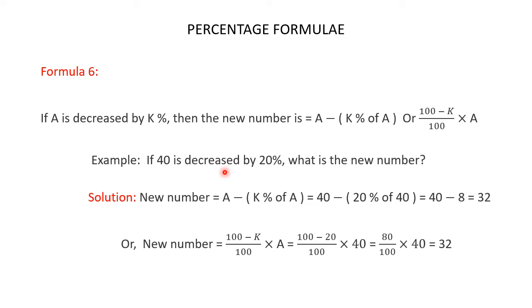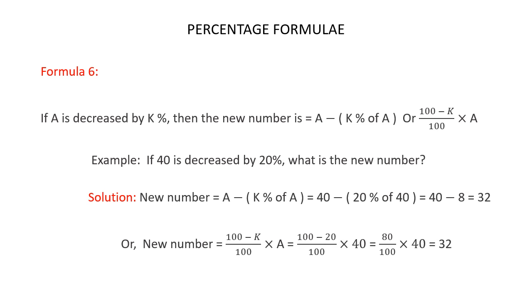Now this formula is easier to use while solving percentage problems. When a number is decreased by 20%, then to find the decreased value, you just have to subtract 100 minus 20 divided by 100. So you will get 80 by 100. The decreased value is 80 by 100. Supposing a number is decreased by 10%, then the decreased value is 100 minus 10 divided by 100. 100 minus 10 is 90.